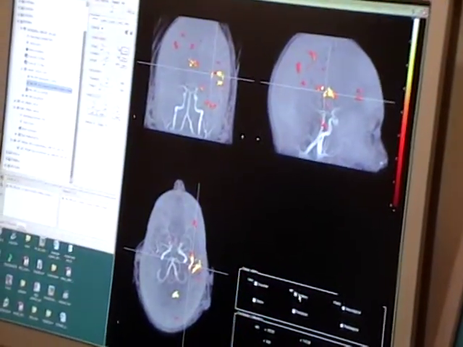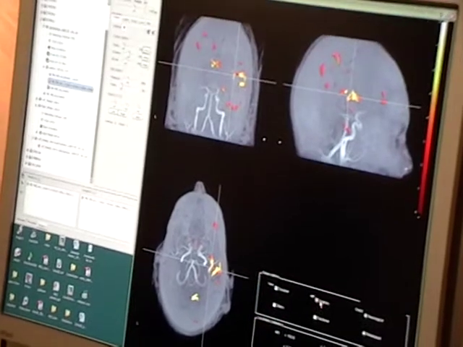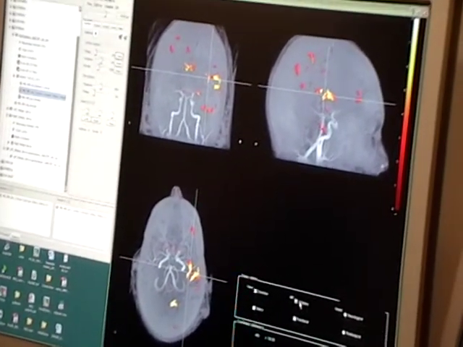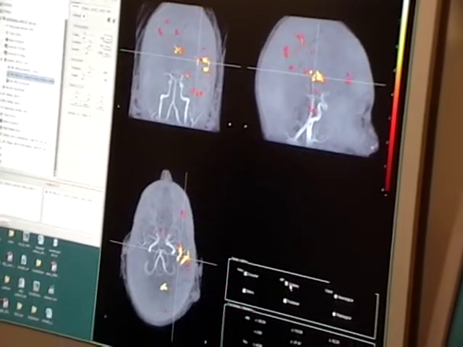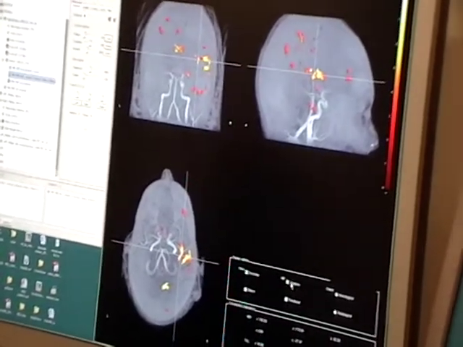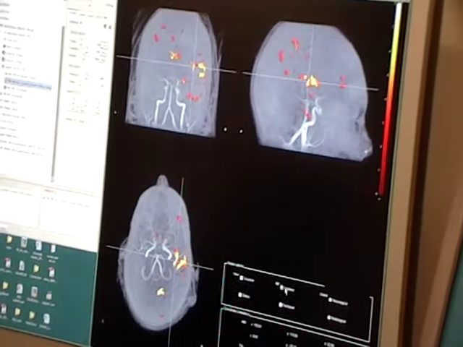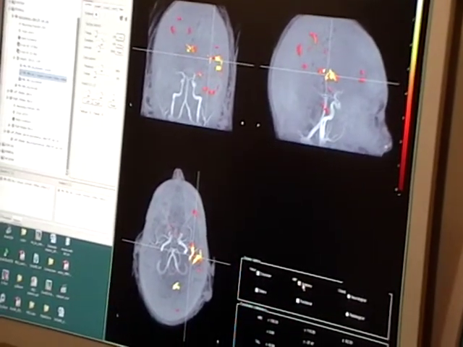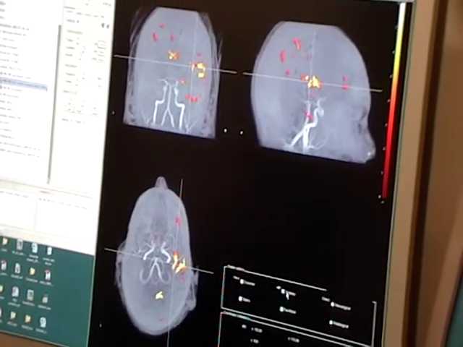So once we have identified the regions that might be involved in the epilepsy of this patient and how they compete with the healthy part of the patient's brain, we go back to a more accurate view of the patient's anatomy before we get prepared for surgery, and we pass this information to the surgeon.